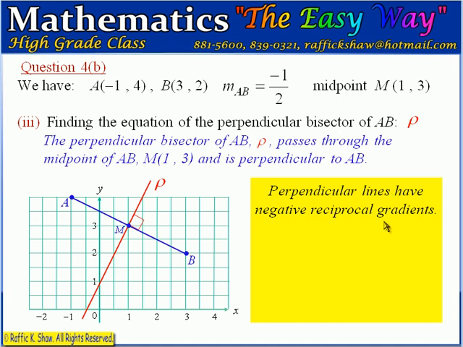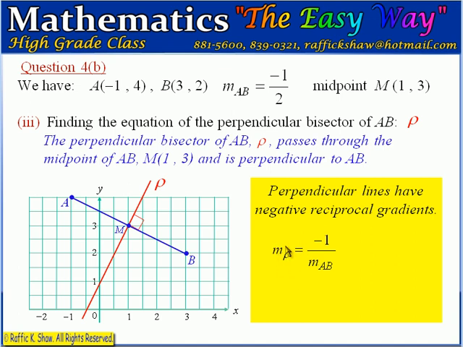And this is it. Perpendicular lines have negative reciprocal gradients, meaning that when two lines are perpendicular, the gradient of one is the negative reciprocal of the gradient of the other. The gradient of the perpendicular line is equal to -1 divided by the gradient of AB. That's because they are perpendicular.